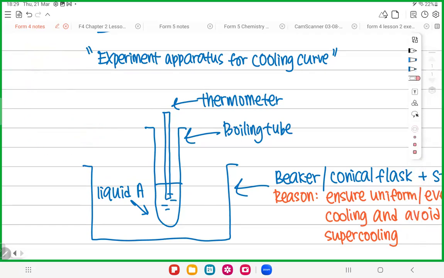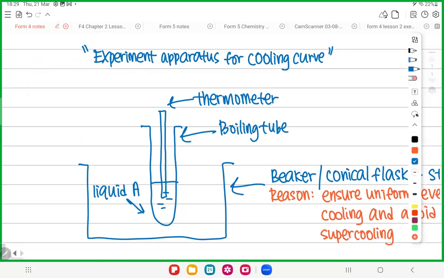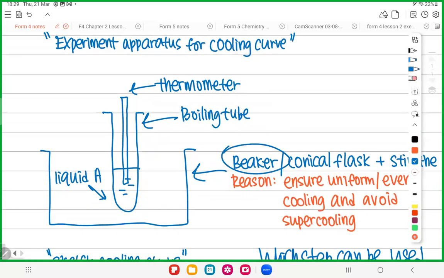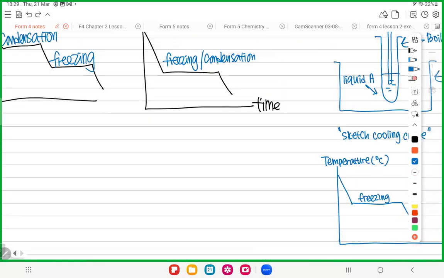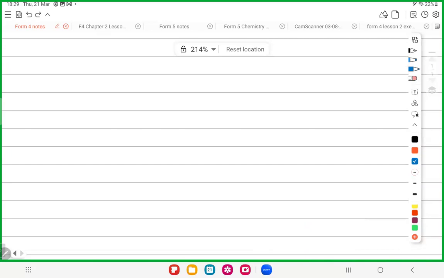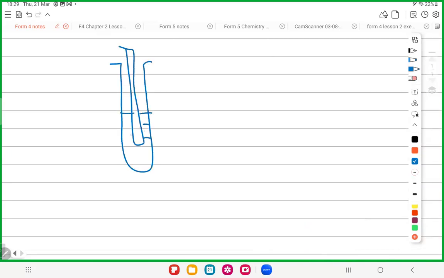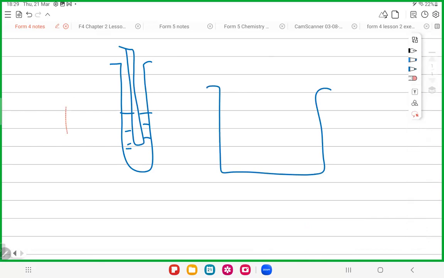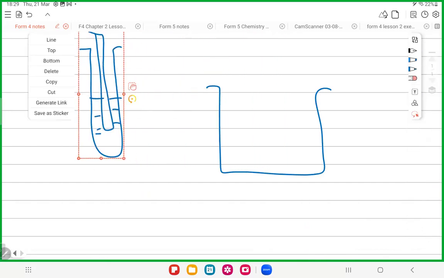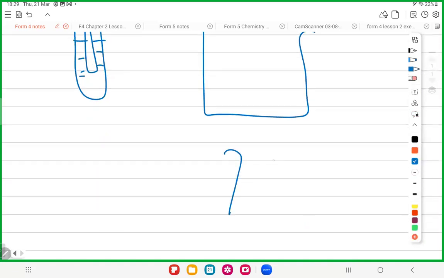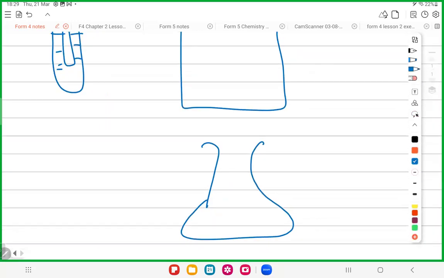When you want to do the cooling process, you put a beaker, or you can put a conical flask. Now this is super tricky. When you do a cooling curve, this tube you must put inside an empty beaker, or you can put it inside an empty conical flask.